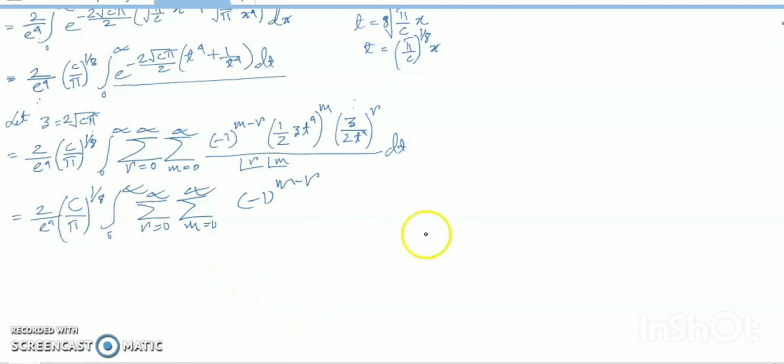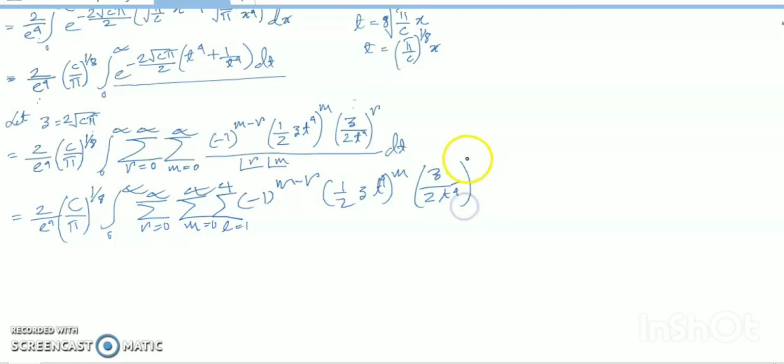Another factor, this portion can be written with l equals to half into z t whole to the power 4 into m into r. This portion can be written as z divided by 2 to the power 4r plus l minus 1.